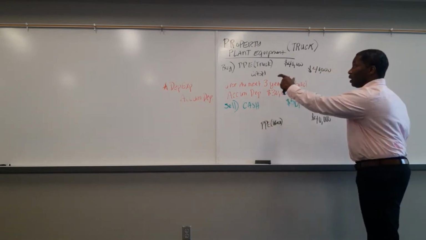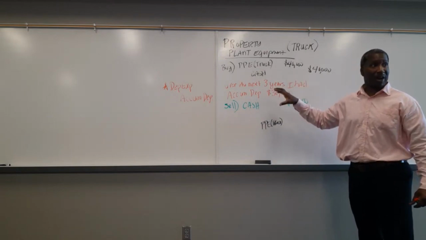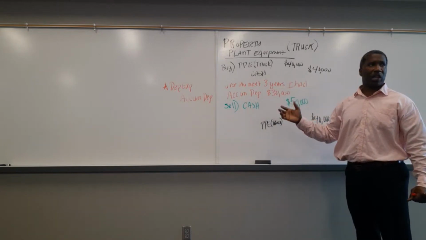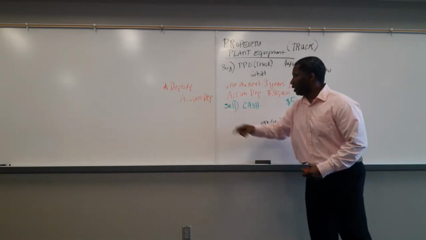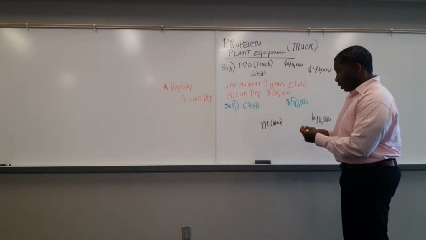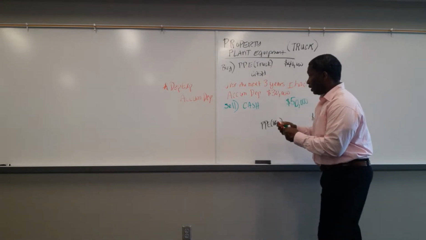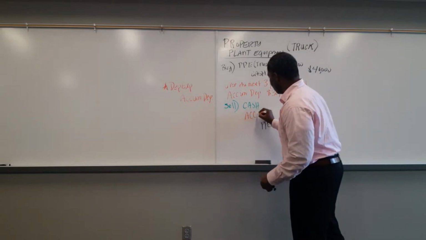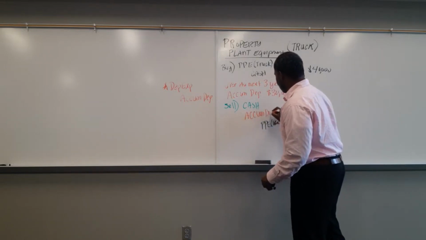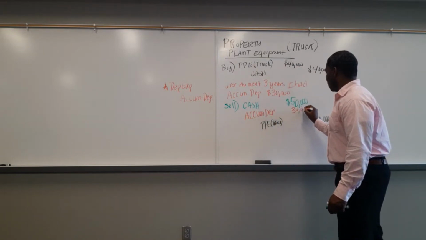So when I do the journal entry, I want to get all the journal entries related to that off, because anything left on there is going to tell me a piece of the truck is still there. So I want to make sure I get it all out. I get my accumulated depreciation off by debiting accumulated depreciation, and accumulated depreciation was $30,000, okay?